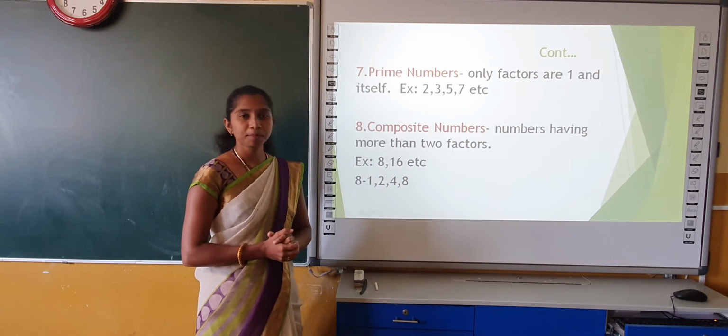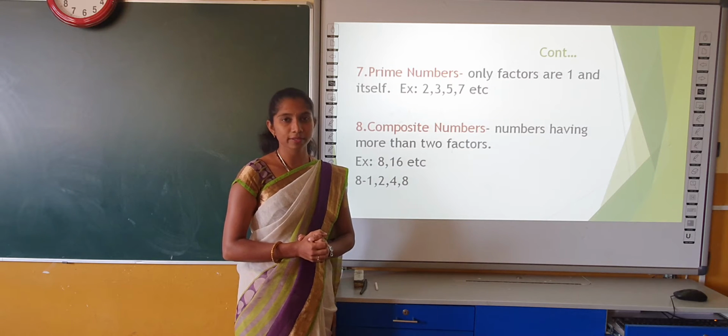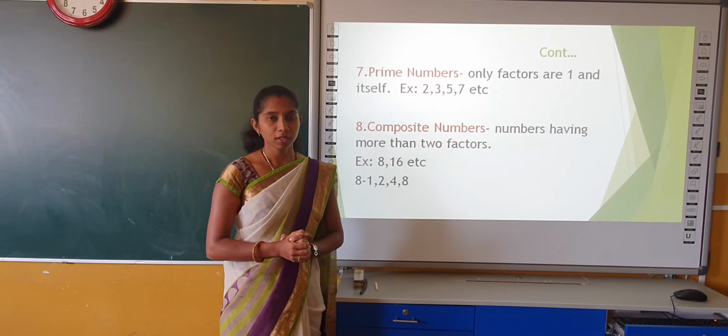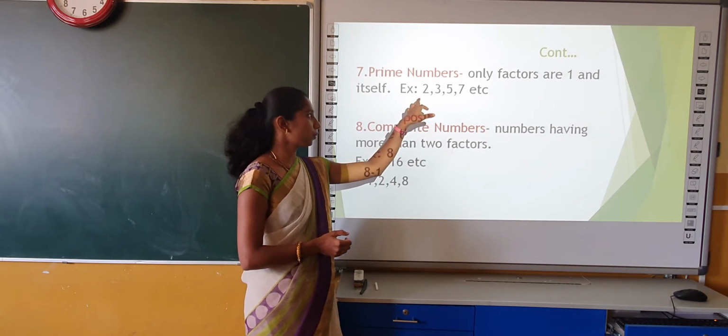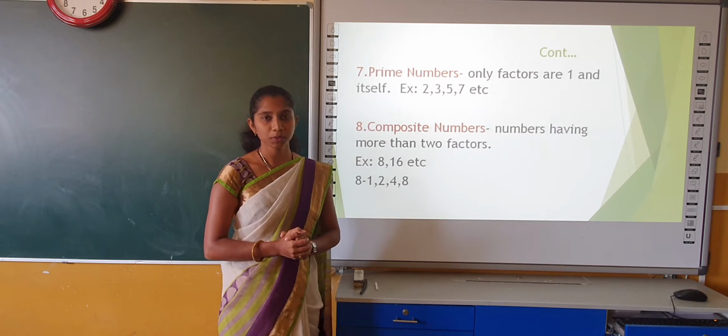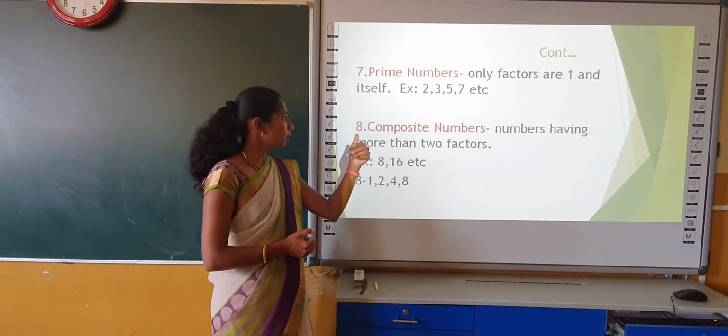Next, we come to the prime numbers. Prime numbers have only two factors, those are 1 and the number itself. If I consider the number 2, it has the factors 1 and 2. If I consider 5, it has the factors 1 and 5.